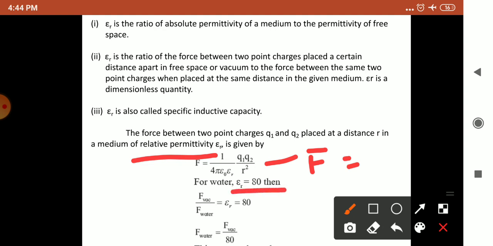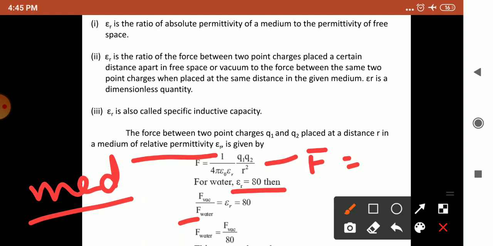For water, this relative permittivity epsilon r is equal to 80. Then F vacuum upon F water, water being the medium, gives the relative permittivity epsilon r equal to 80.